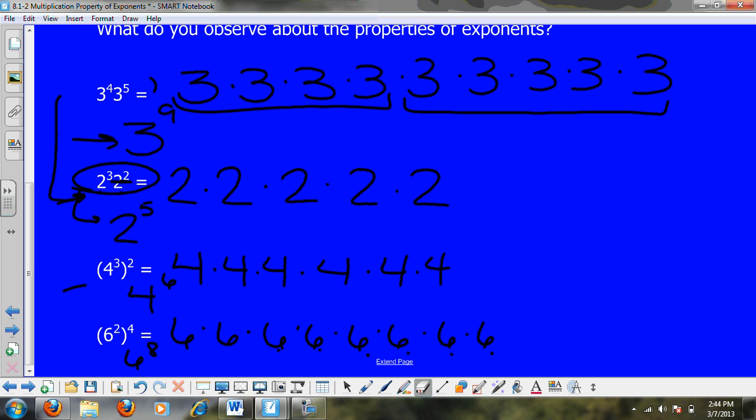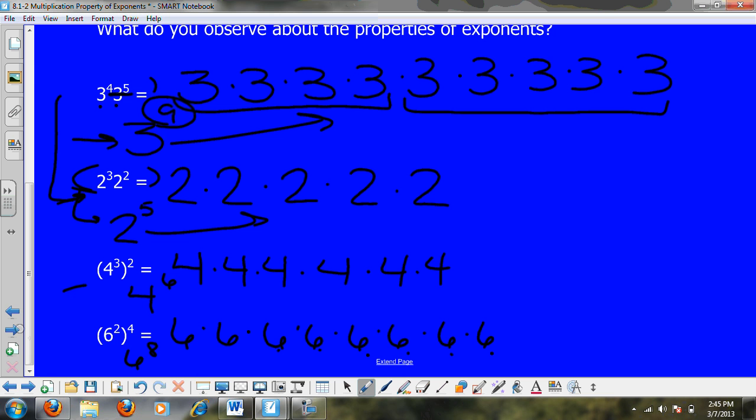When the base number is the same, these were both 3s, can I just add the exponents? 4 plus 5 is 9. Here's the math to prove it. When my base number 2 was the same, I just added the exponents. 3 plus 2 is 5, and here's my math to prove it.